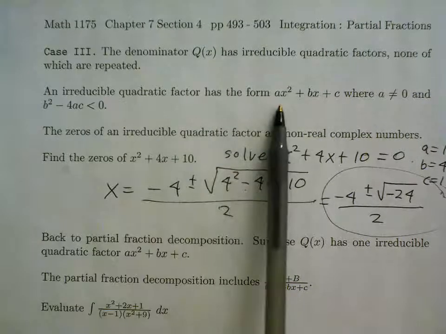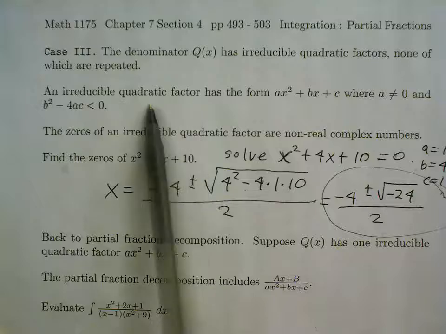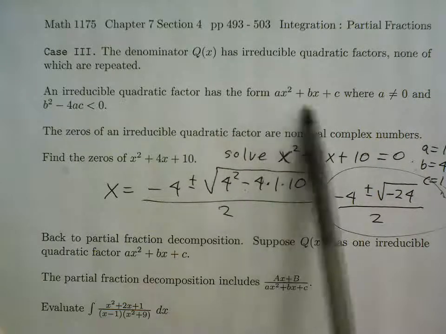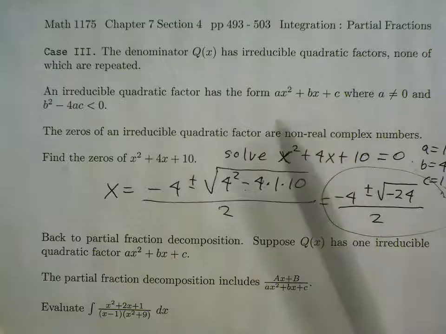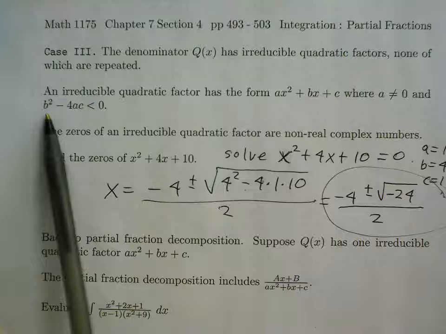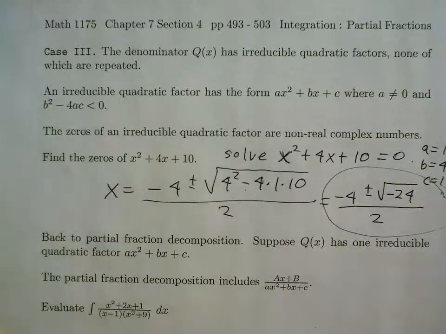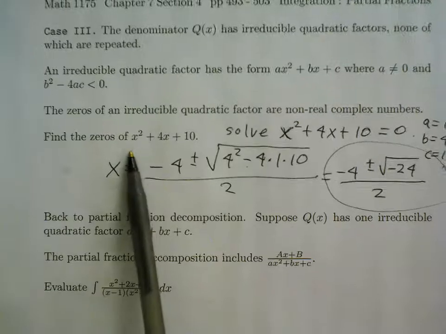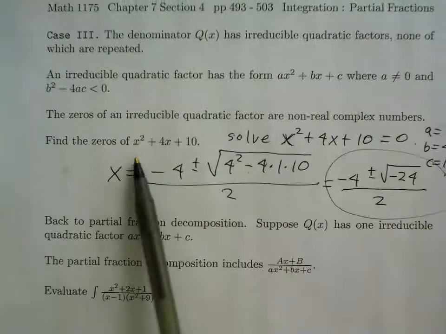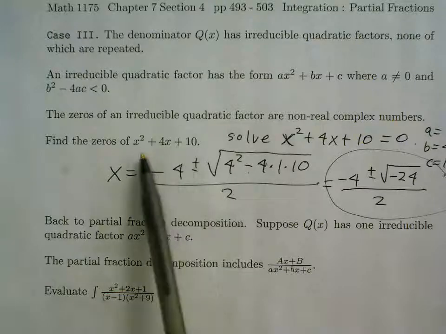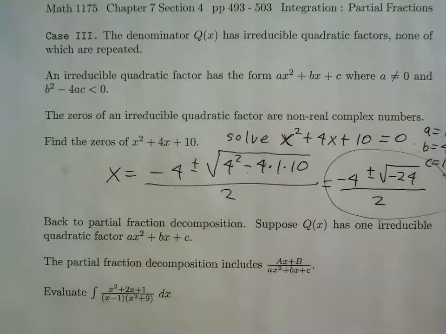An example of an irreducible quadratic factor has the form ax squared plus bx plus c, where the discriminant b squared minus 4ac is negative. An example is x squared plus 4x plus 10.